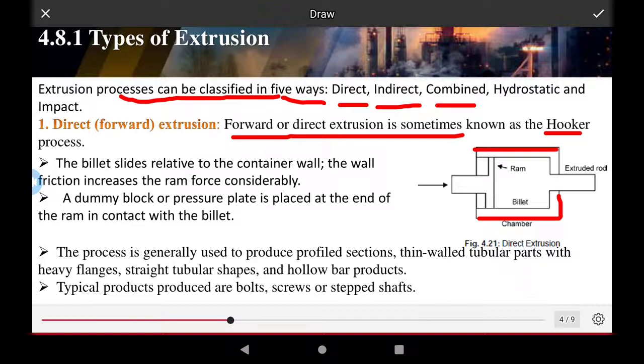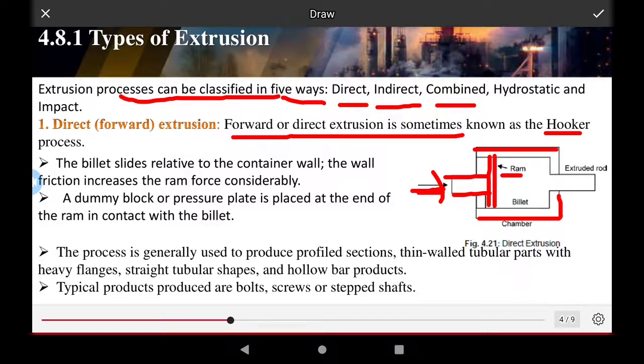This is the ram, the die, and the wall of the mandrel. The force is applied through the ram.